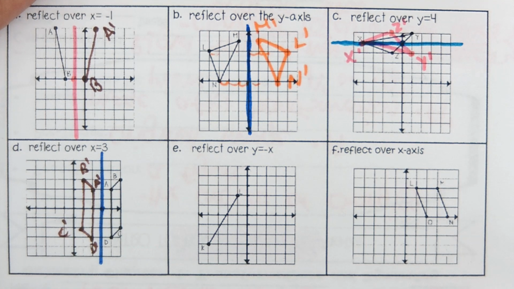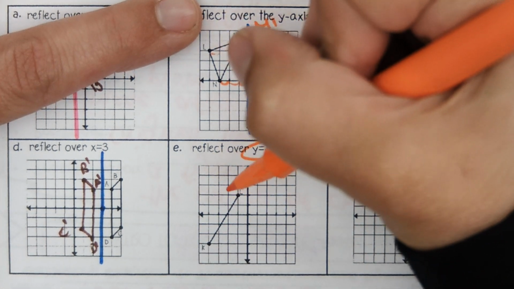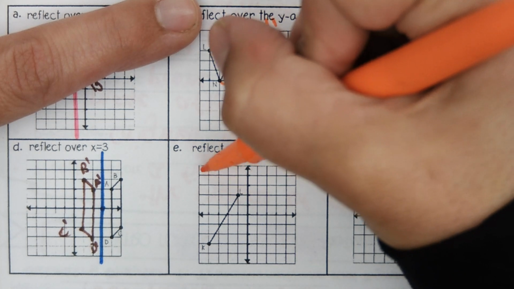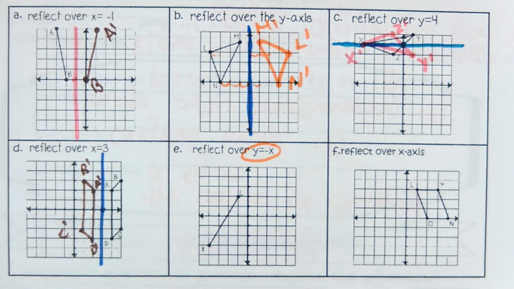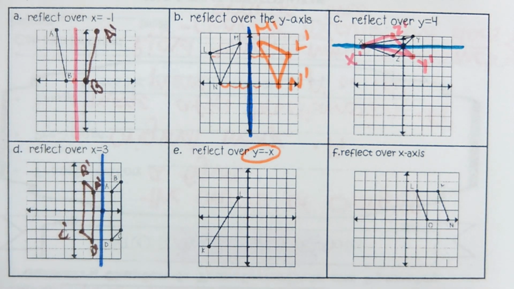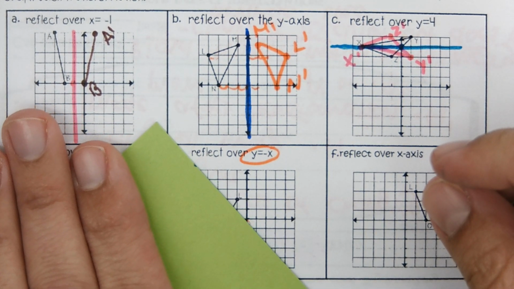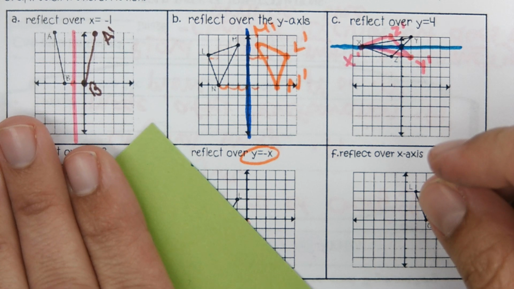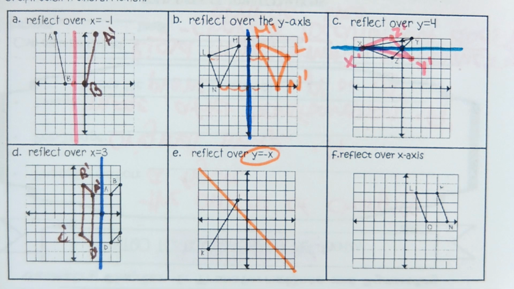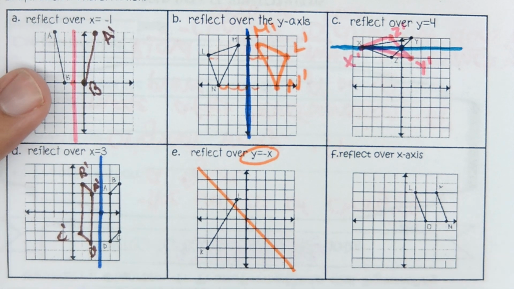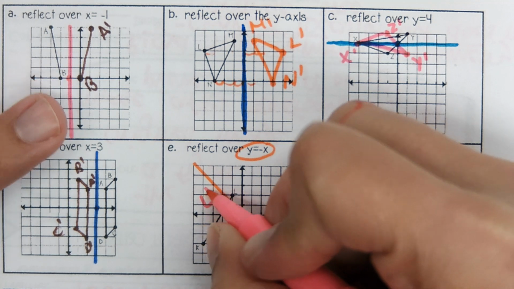For E, reflect over the line y equals negative x. This is the one that they love that's kind of tricky. It's just a diagonal through the origin with a negative slope. And then just reflect each point over on the other side.